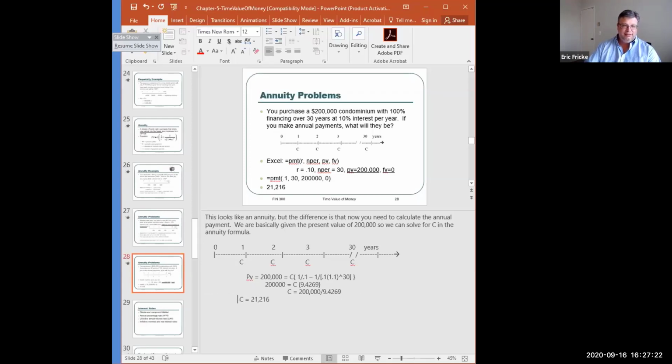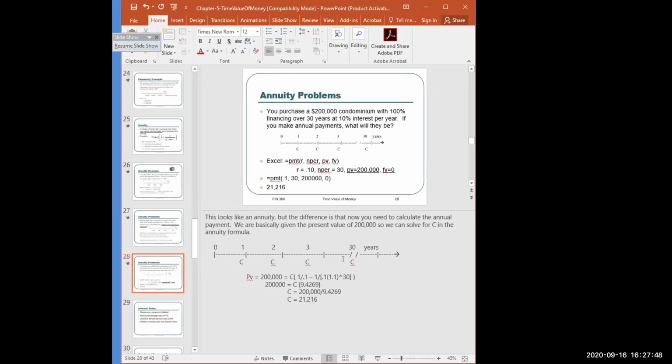Bear with my chalkboard here. Hopefully that makes sense. Okay. So you just have to do a little algebra to solve some of these problems with the math. Any questions on that condo loan example?